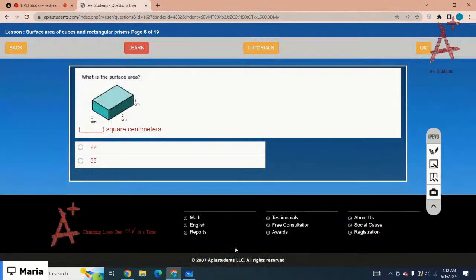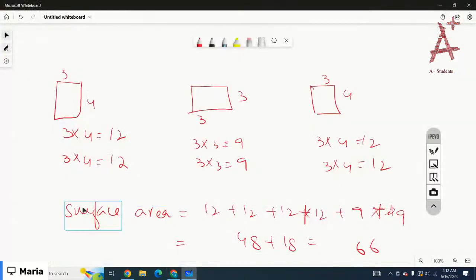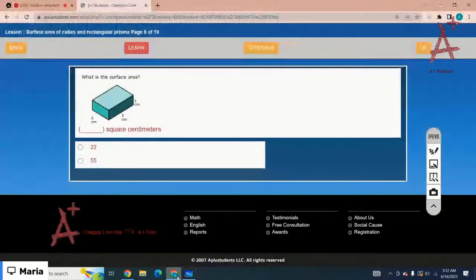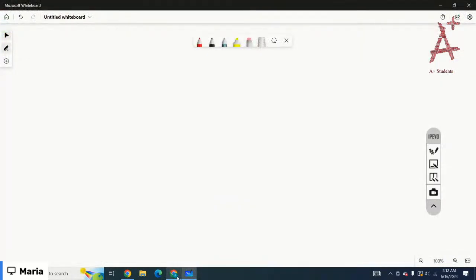Okay, what is the surface area? Again, you have to calculate the surface area in the form of pairs of faces. Let's start with the first one, 2 and 1. It would be 2 times 1. The other face also has the same measurements, 2 times 1.